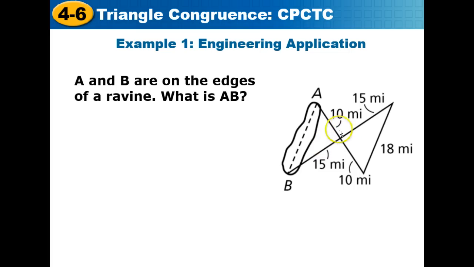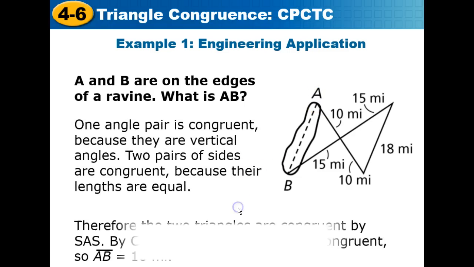That's another S, so we're left with the angle in the middle here, which is congruent because of vertical angles. All we're doing is using SAS to prove our triangles congruent. And since the triangles are congruent, then that means that AB, which is the third side of the congruent triangle, has to equal whatever this distance is. So the distance from A to B is going to be 18 miles.